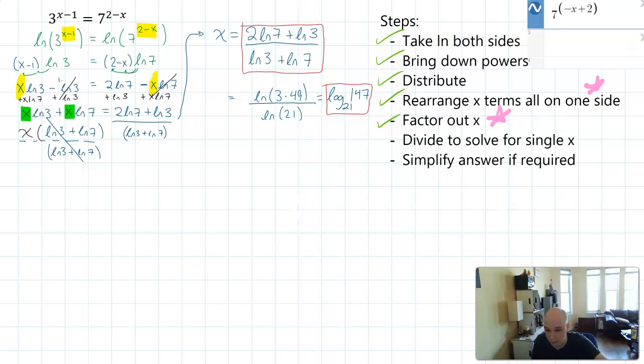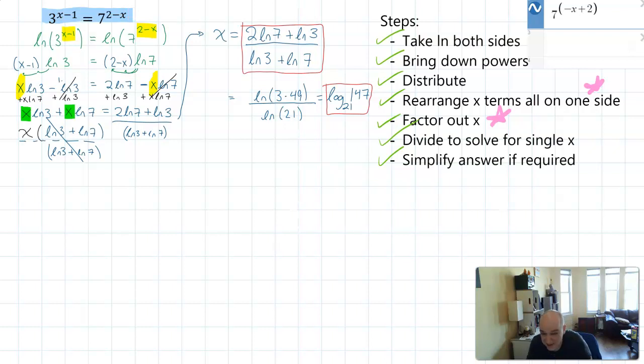But we've seen it before in other contexts. We're going to see it again in other contexts later. It's a really, really powerful trick that you should absolutely know. Then you're going to divide to solve for a single x. And if required, I recommend it, simplify the answer further until you get it down to a single log, using all your log properties. If you remember these steps, you can solve any equation like this.